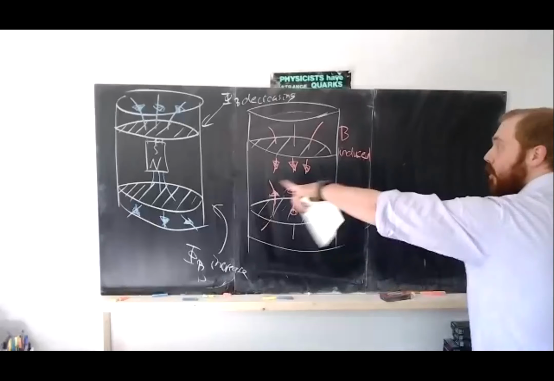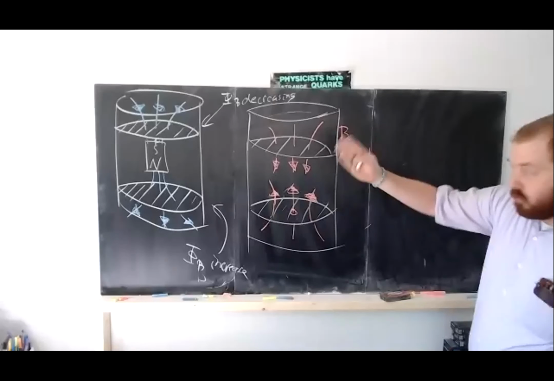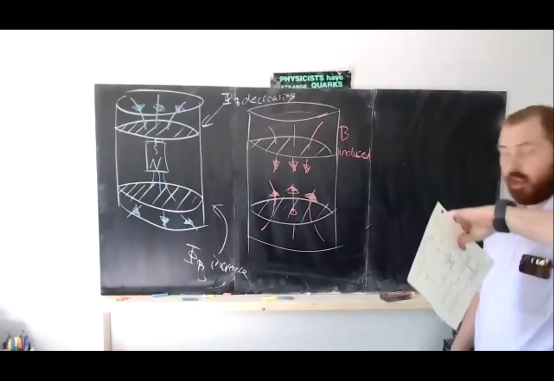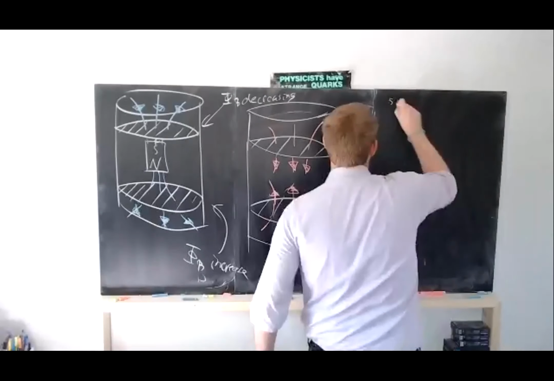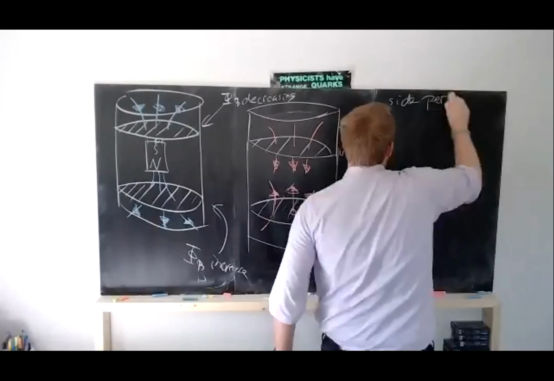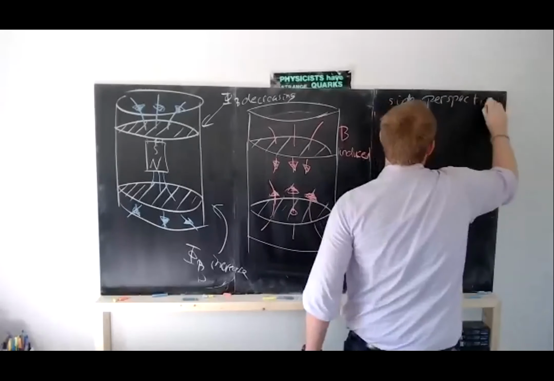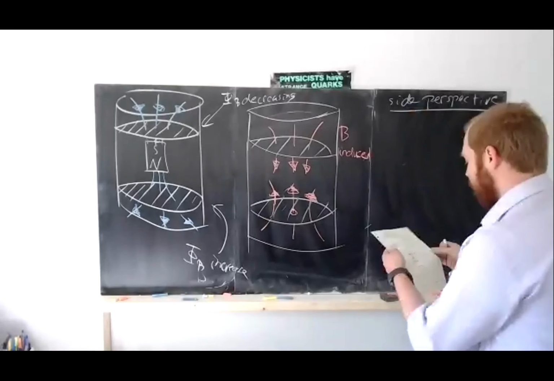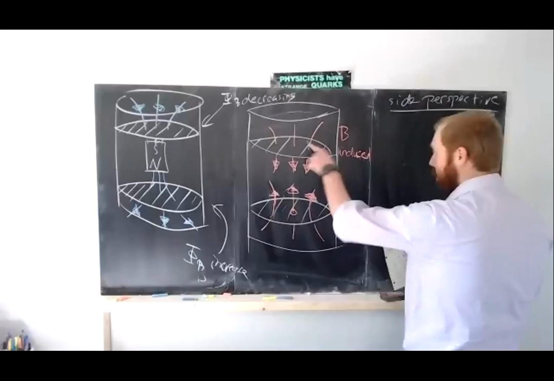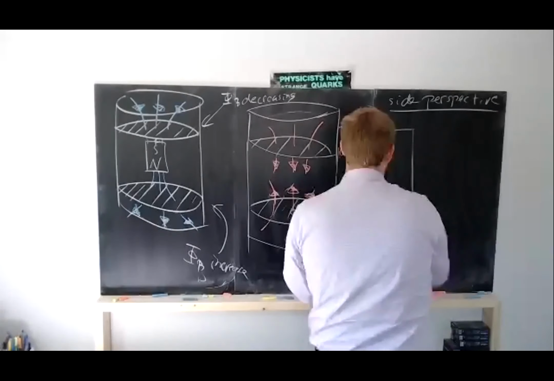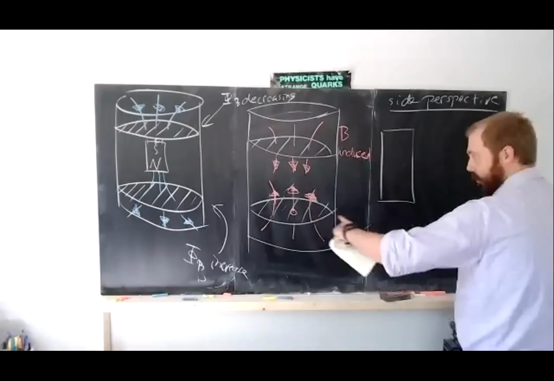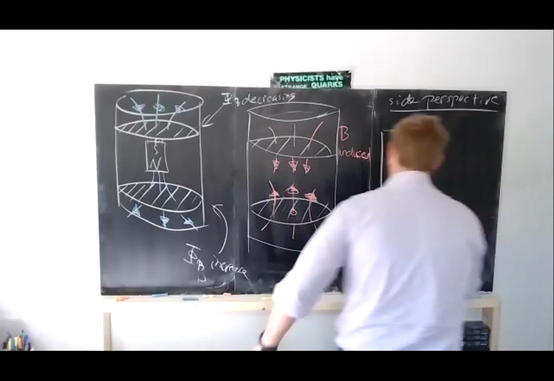So I'm going to redraw this from just a 2D perspective. Instead of looking down at 3D, I'm just going to look head on and see what it looks like. From the side perspective, what do we see? We see a current here.